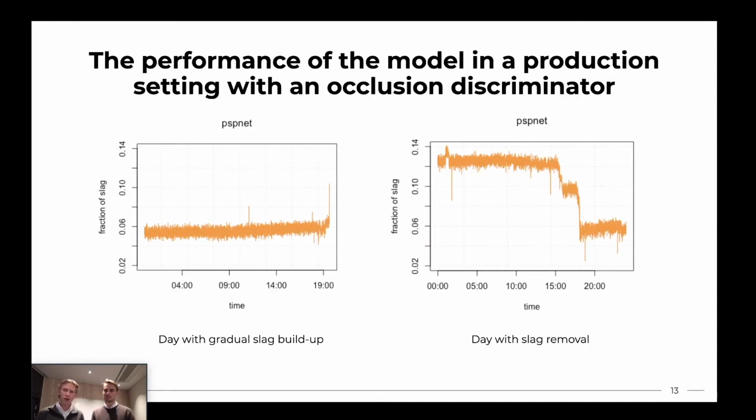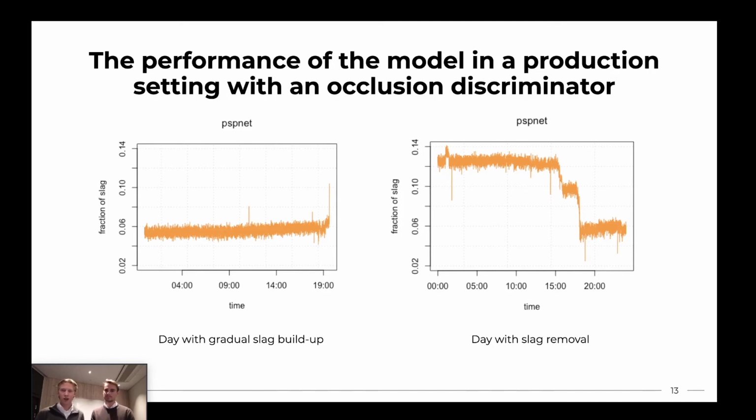And what we see here is when we have used the PSP-net to make predictions on 2 full days of raw image data. Since this was raw image data, we did not have any ground truth, and therefore we used the fraction of slag that was predicted by the model as our measurement.